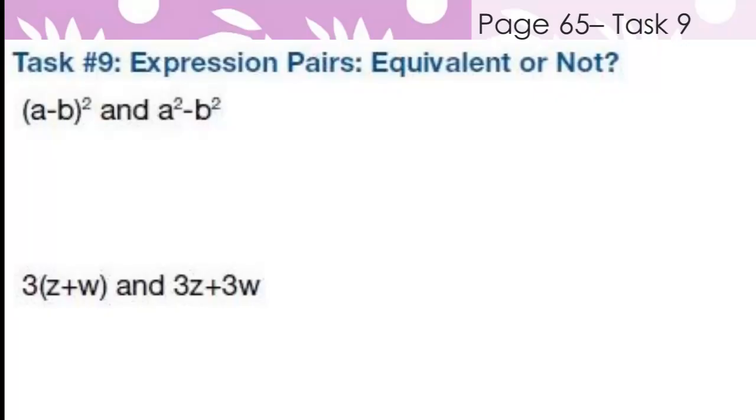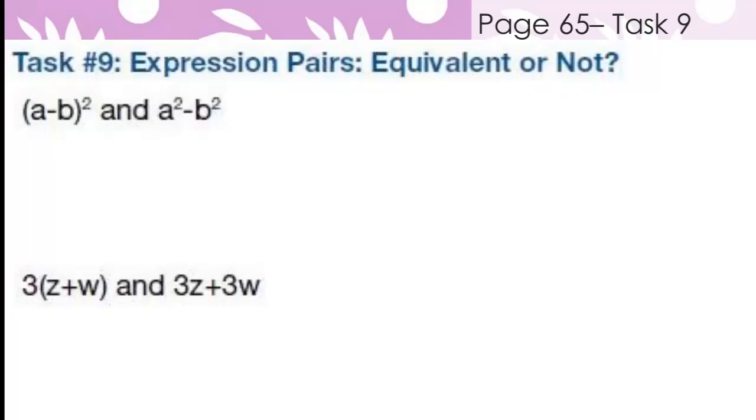So you have quantity A minus B, that quantity squared. Is that equivalent to A squared minus B squared? Stay with me, okay?